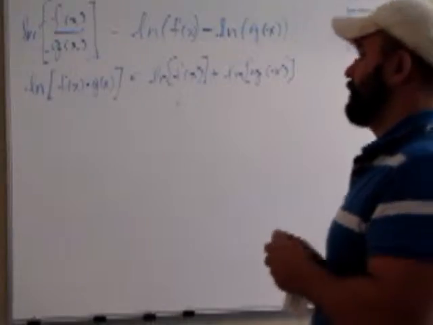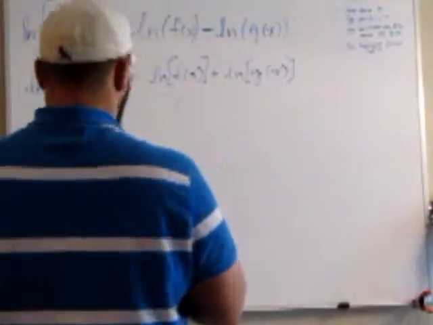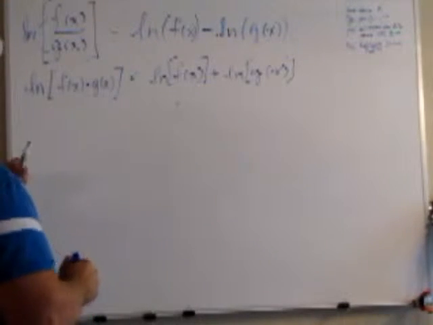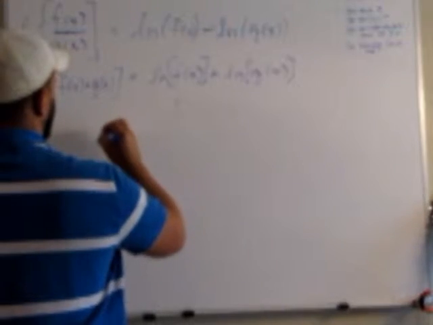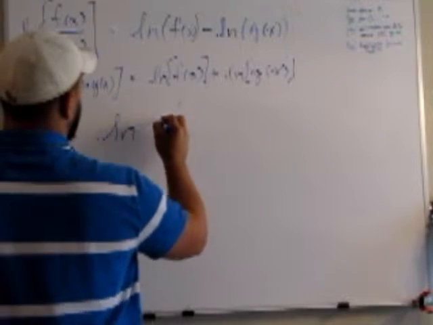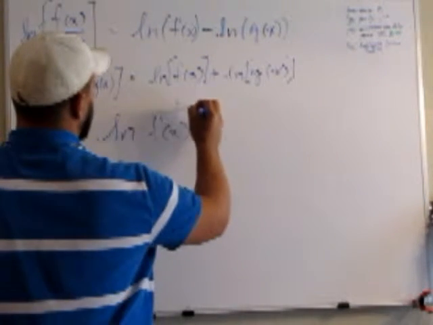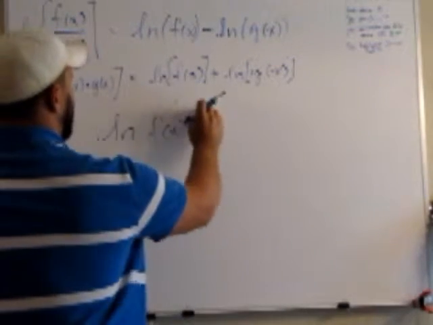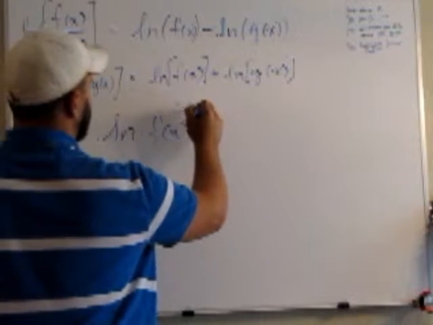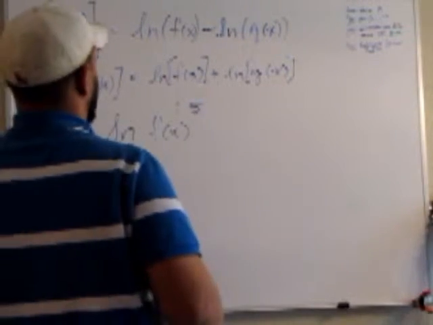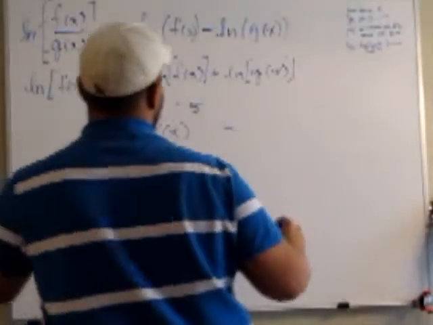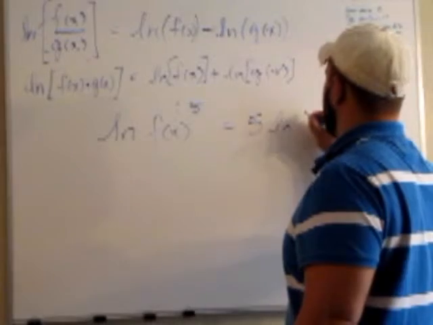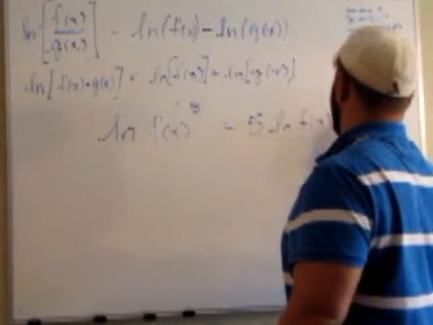And then another one, which my instructor that I told you about was so cool, he called the Schlitterbahn property. And it's when you have the ln of some function raised to some power. And if you don't want to generalize, you could just say to the fifth power. For example, this becomes, you bring the 5 down, and it becomes 5 ln f of x, whatever the function is.